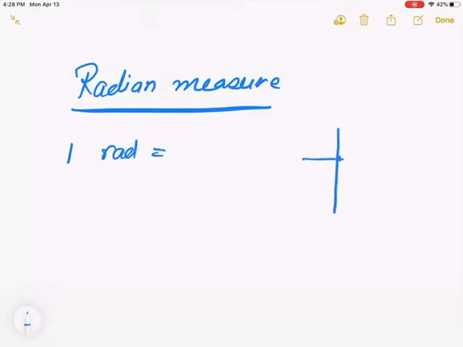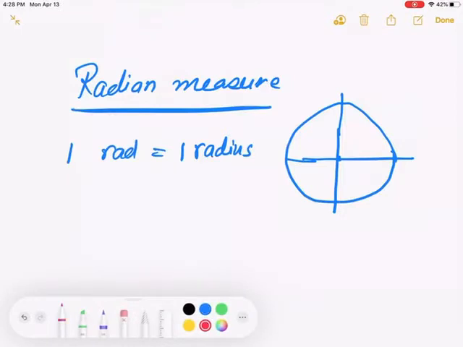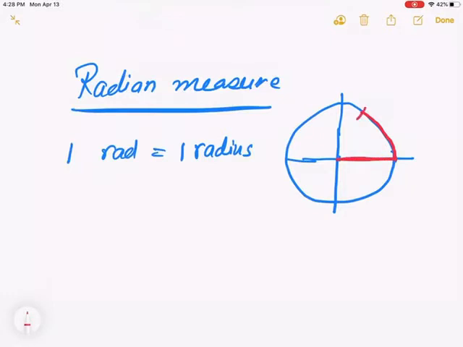So 1 radian is equal to 1 radius. Try understanding the difference. Why I said 1 radian is equal to 1 radius. It means whenever this arc length becomes equal to this radius length, it becomes 1 radian.